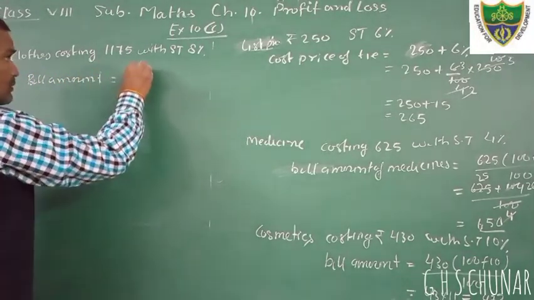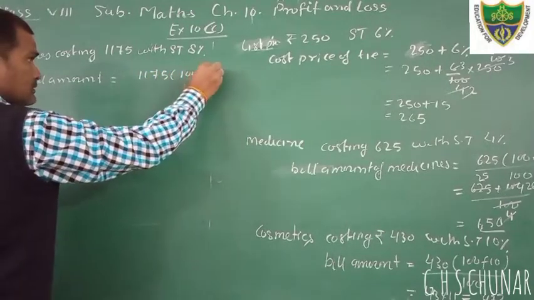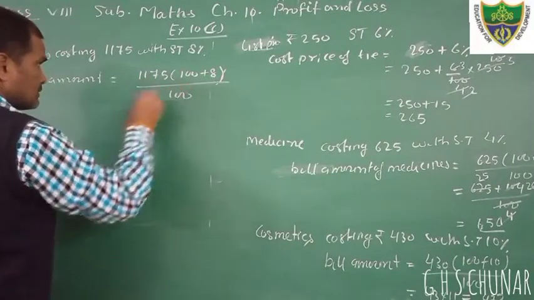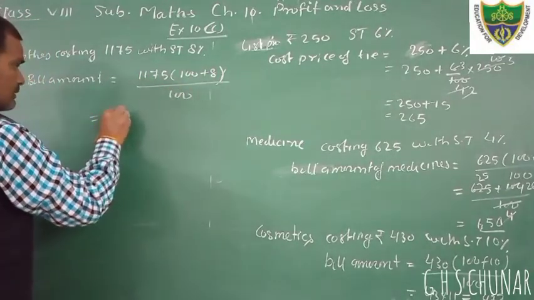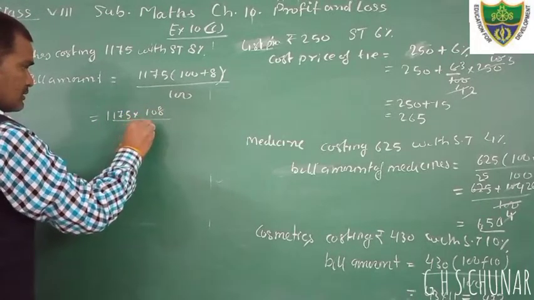That is 1175 into 100 plus 8 upon 100, that is 1175 into 108 upon 100.